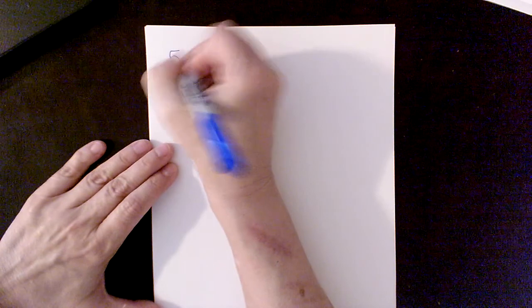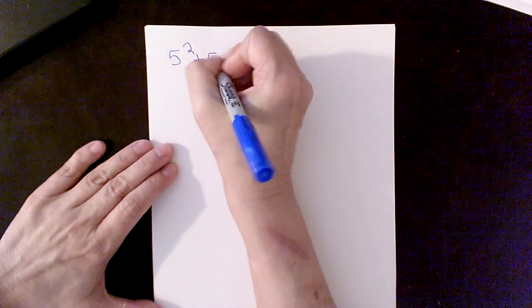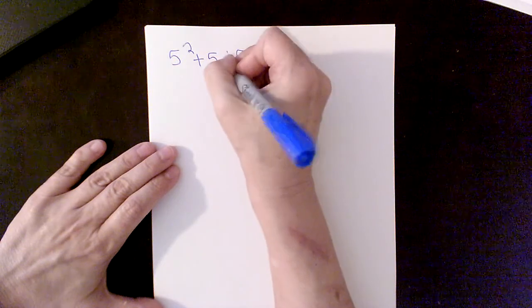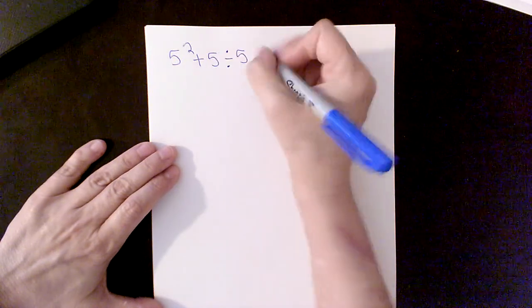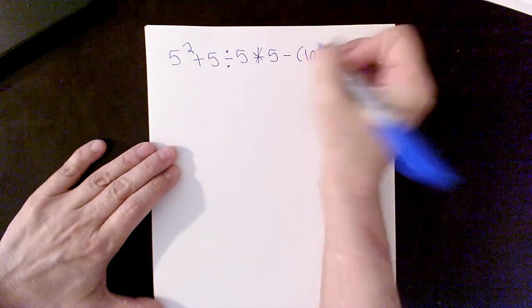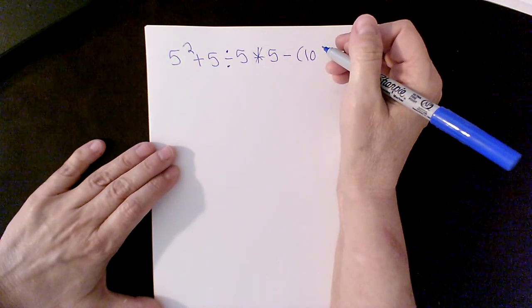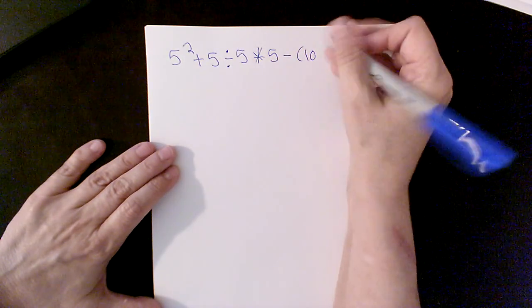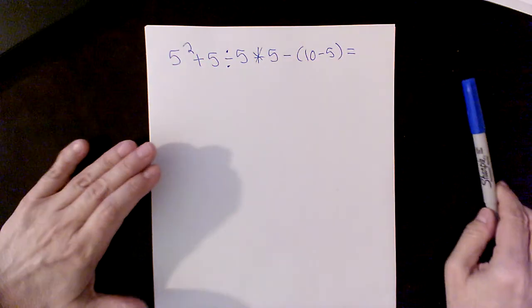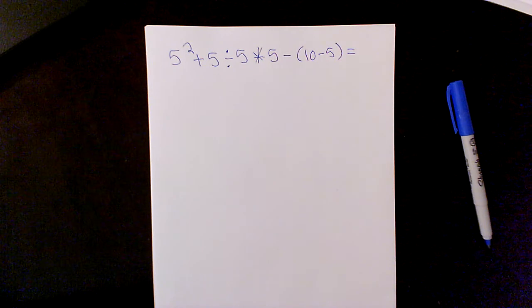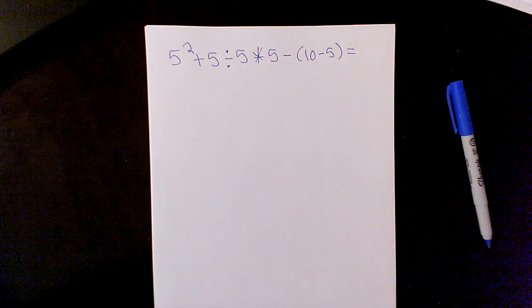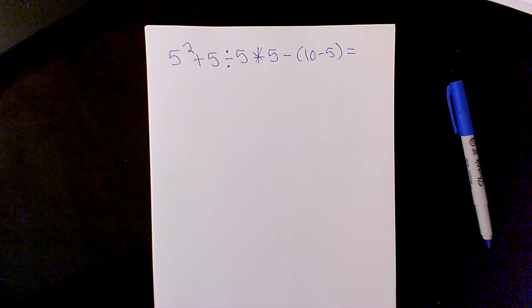So I had 5 squared plus 5 divided by 5, this is times 5. Okay, so if you want to have your PEMDAS order of operations in front of you, you can.